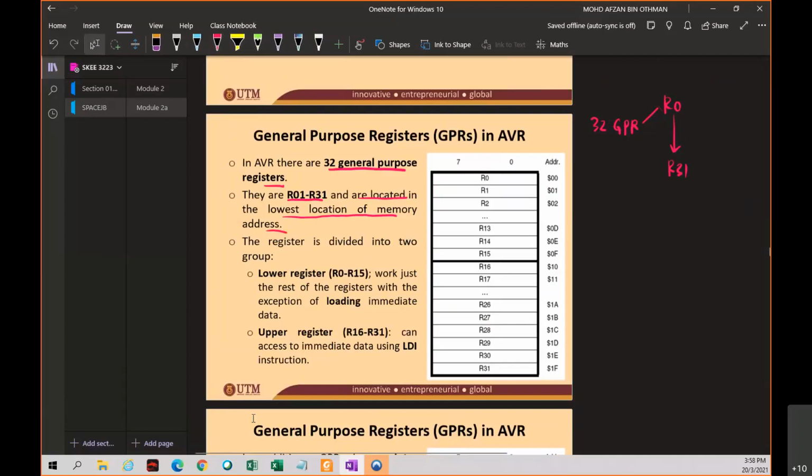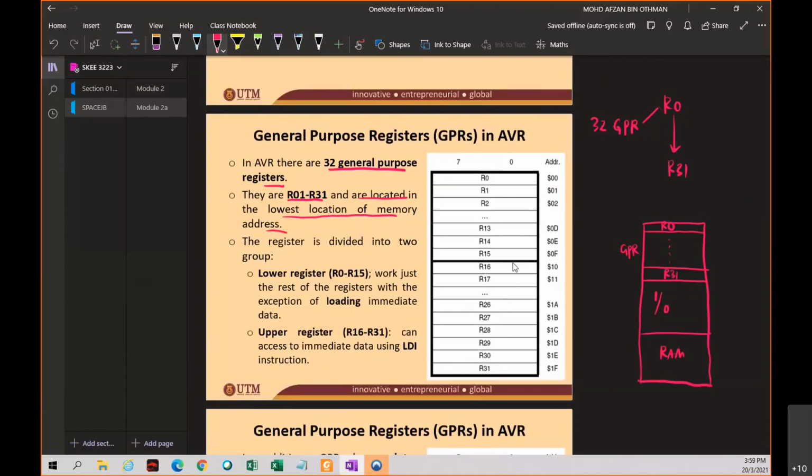Okay, so kalau kita tengok data memory, saya lukiskan semula. Data memory consists of GPR, and then we have I/O and RAM. Since kita ada a total of 32, yang ke atas ni adalah R0, and this one is R31.